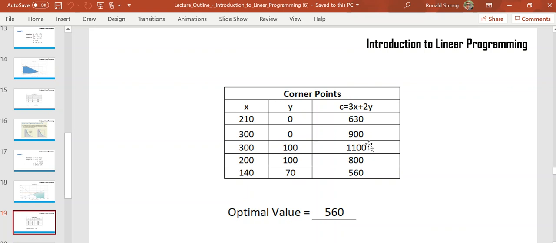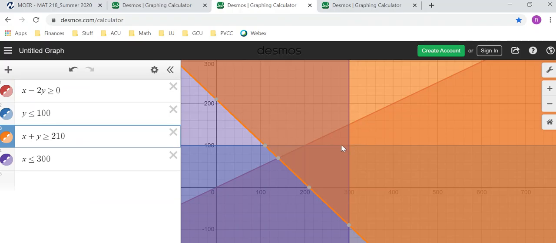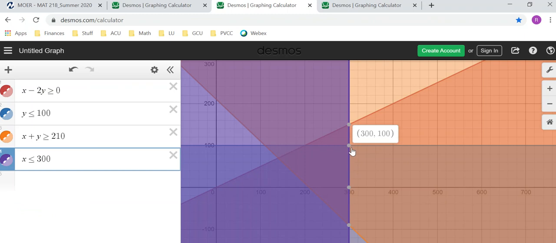Because 1100 is the maximum value, which occurs at 300 and 100, and if we go back to our graph, 300 and 100 occurs at one of our artificial boundary points. In other words, it's not the real boundary point.